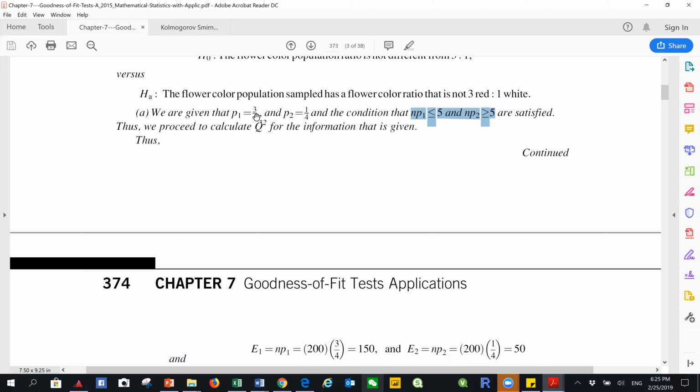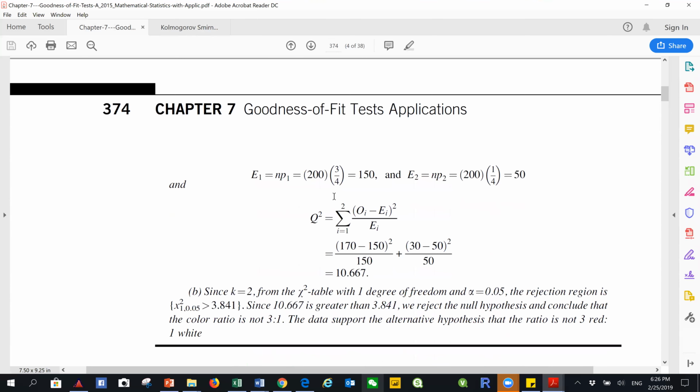You don't want a very small p-value. If p1 is very small, then p2 would be very big, and in that case the test won't be reliable. So with that, we can calculate the expected values E1 and E2.